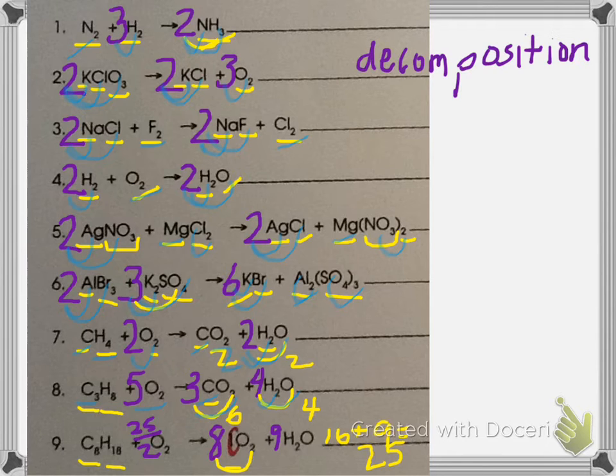So right now, my coefficient here is 1. I'm going to multiply that by 2, and it's going to become a 2. Again, 25 divided by 2 multiplied by 2 is going to become 25.